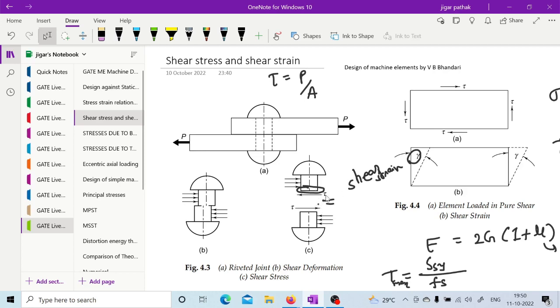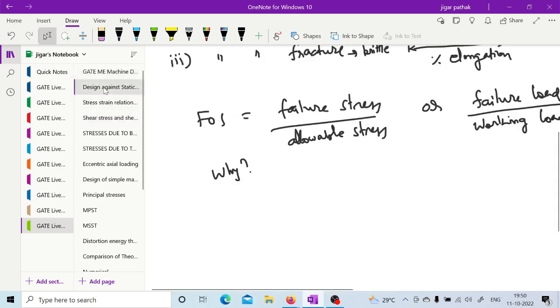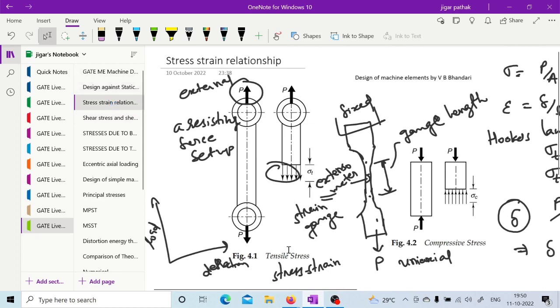And in case of this plate, this nature of stress will be there, this kind of tensile nature of stress will be present whenever you are considering any plate. So this is only a 2D plate, it must have some thickness also, so thickness will also be there.